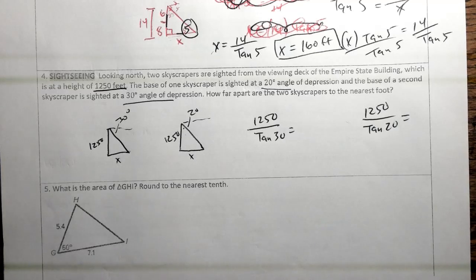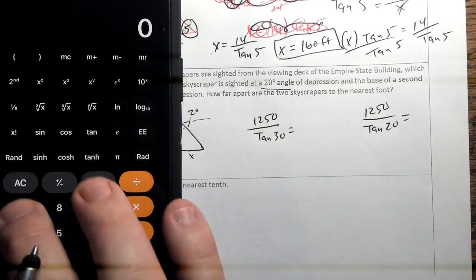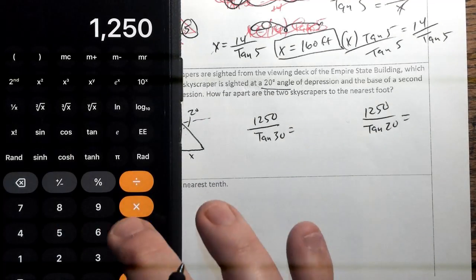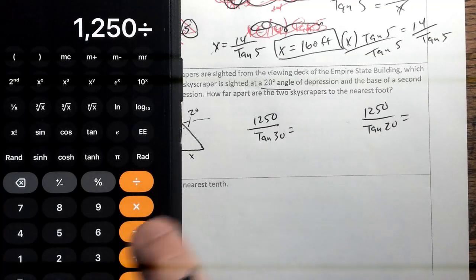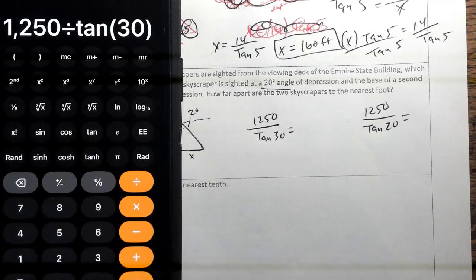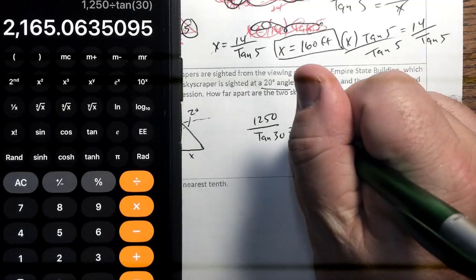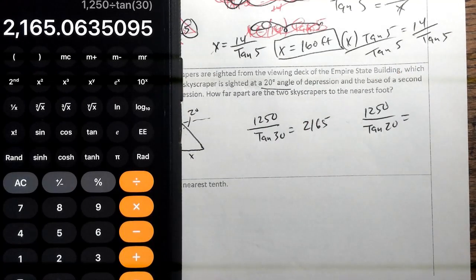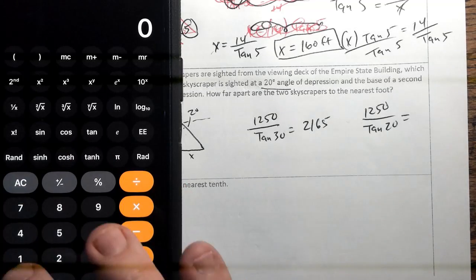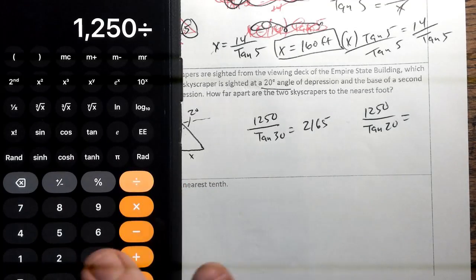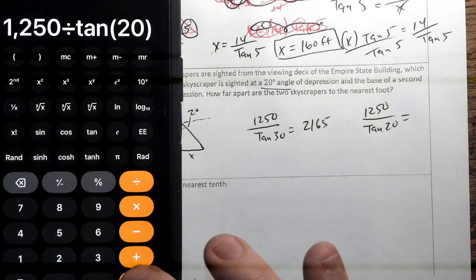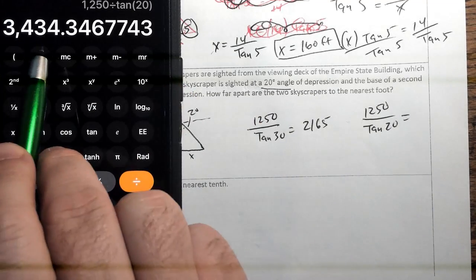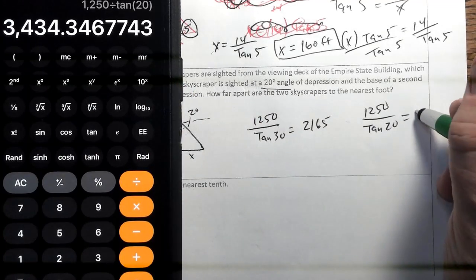Okay. So 1,250 divided by tan 30 first. We got 2165. We're not going to round, we're just going to keep whole numbers. And then over here, 1,250 divided by tan 20 equals 3434.